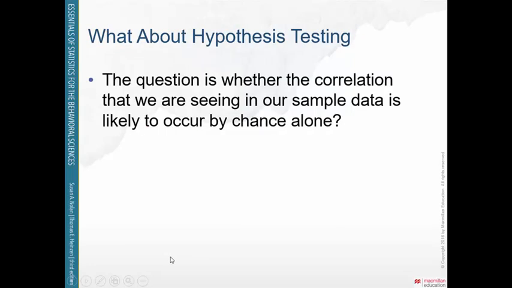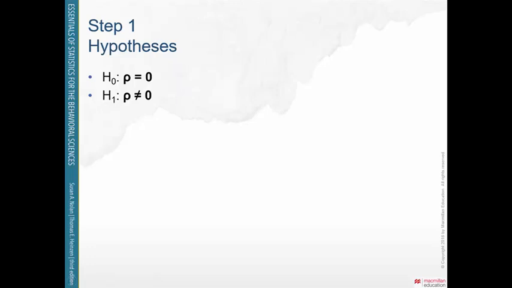So now the question is, would we see this correlation in the population? Or is this just a sampling error? So we go through our hypotheses. So the null hypothesis is that rho, remember that's the correlation in the population, rho is equal to 0. That's the null, that there is no correlation.